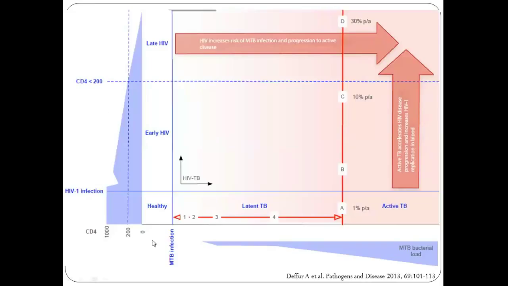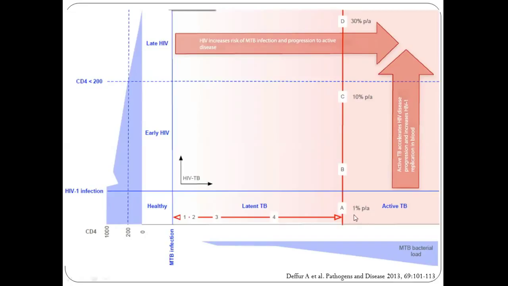And then in the x-axis, you have the M. tuberculosis, mycobacterial tuberculosis, bacterial load. So the lower the CD4 count in the course of HIV infection, the higher the chances that there will be replication of the mycobacteria. And this translates into these very impressive numbers over here on the left side.